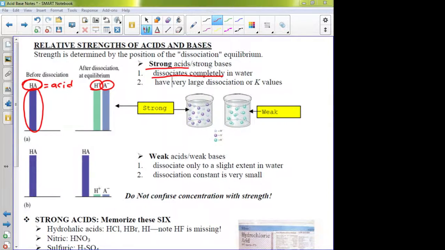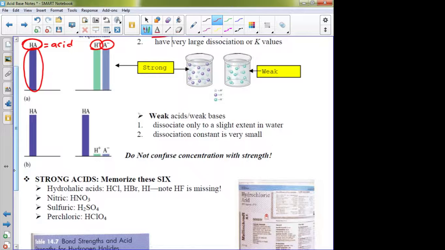If it was a weak acid or a weak base, here's the amount of original acid I have in the container. After it dissociates, I still have most of my what? Original acid. I only got a little bit of the H positive and the negative ion. Only a little bit of it dissociated. So I would say that this is a weak acid.